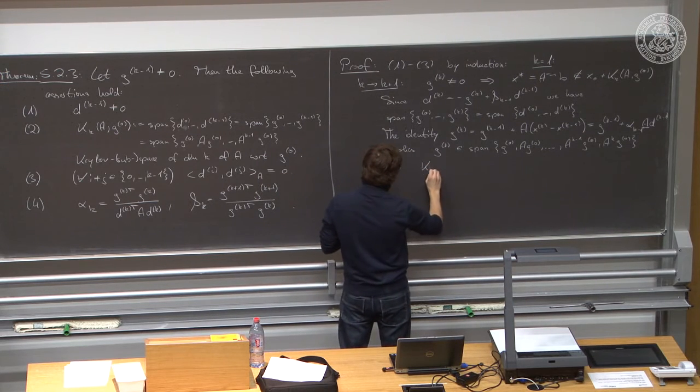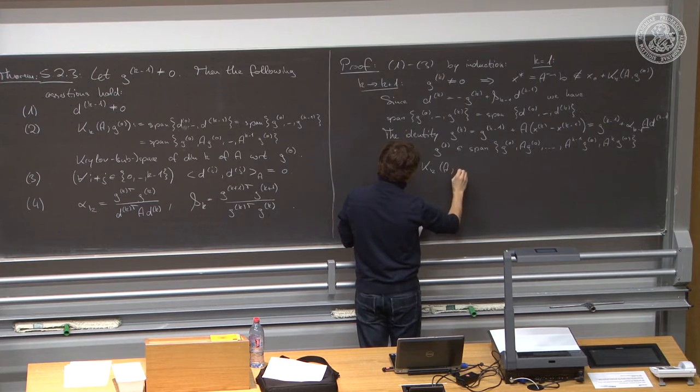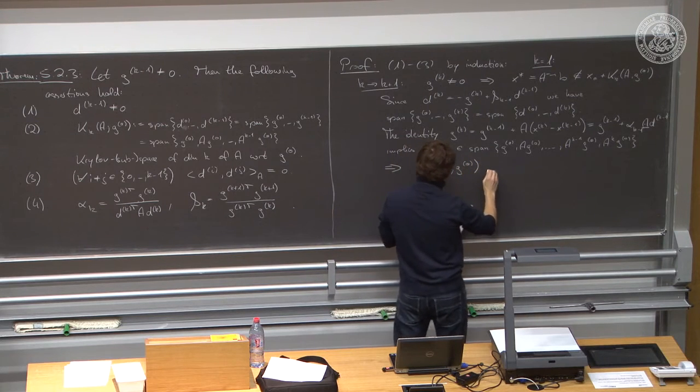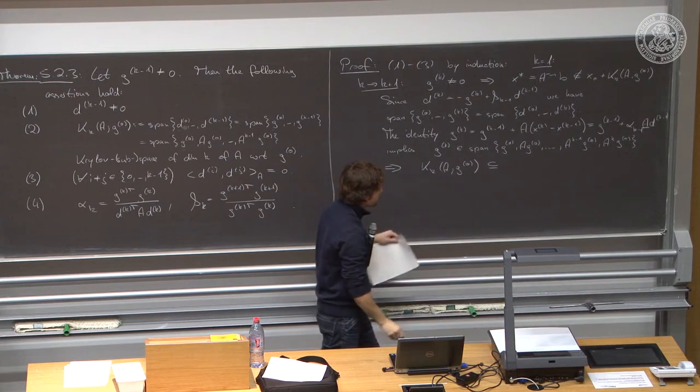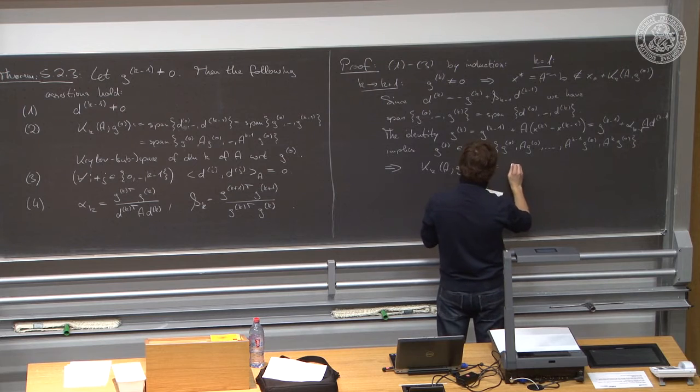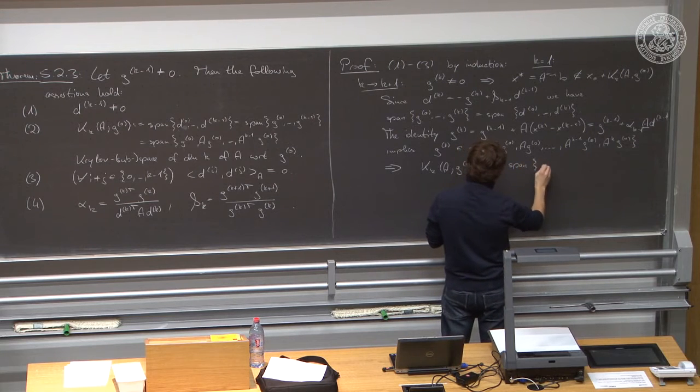So that means that our subspace K is at least contained in the span of these vectors here.